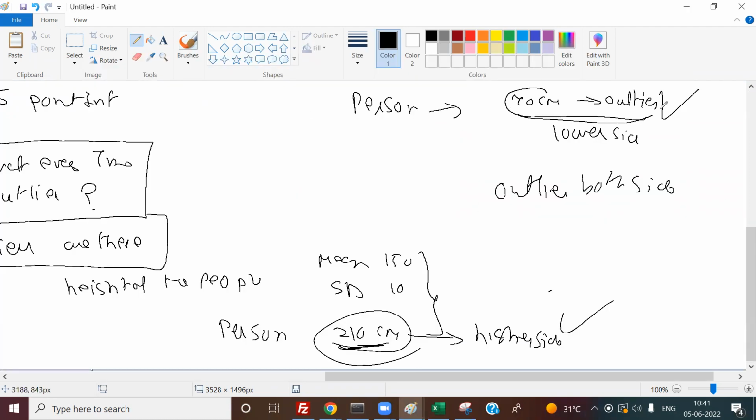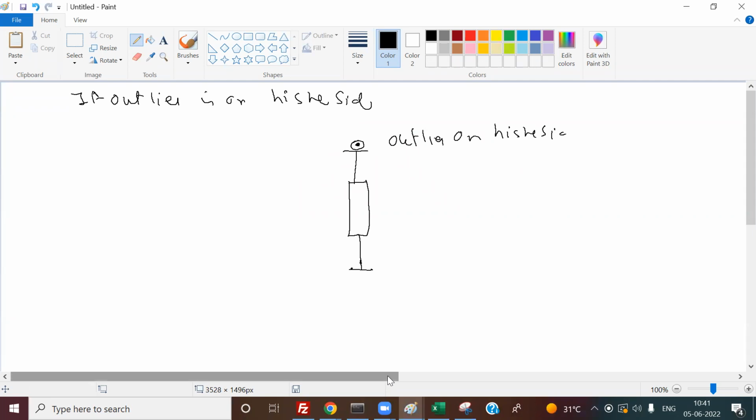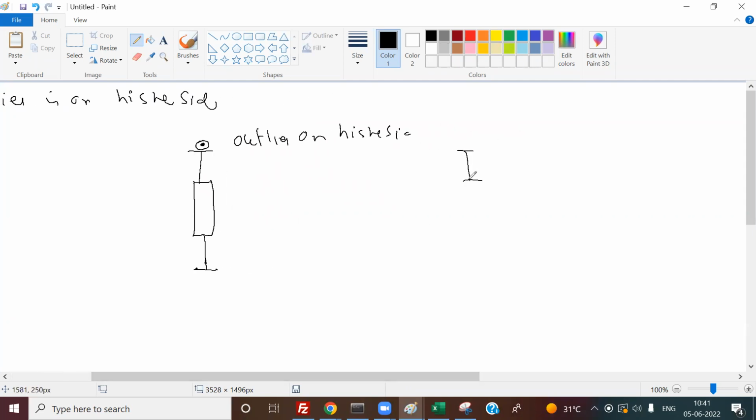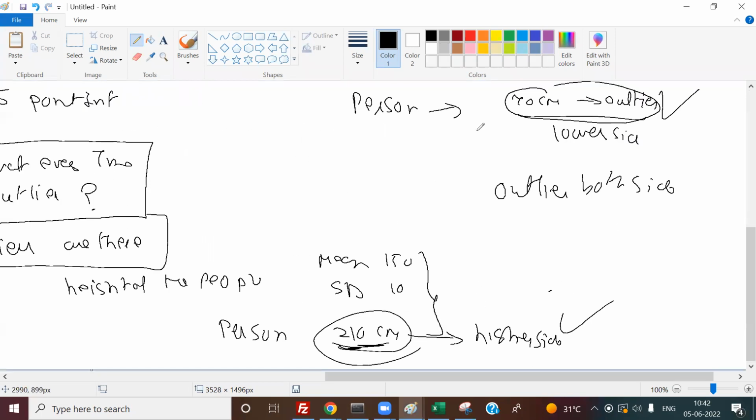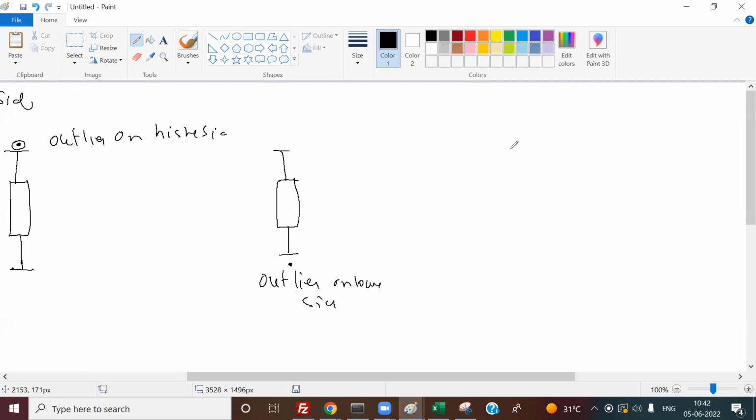If a person of 70 is there, then it would be something like this. I hope people have already guessed it. A point would be coming down. Outlier on the lower end side. If both this 70 and 210 exist, then points would be coming on both the sides.